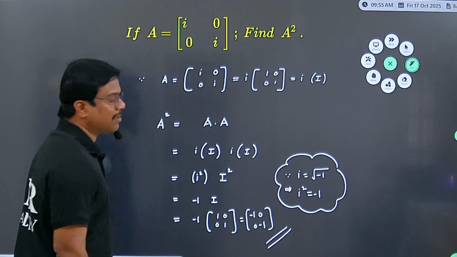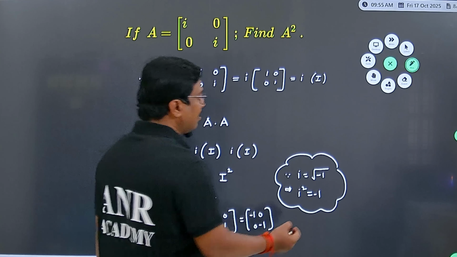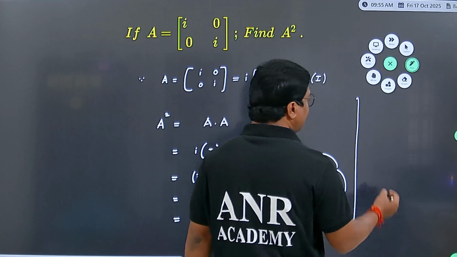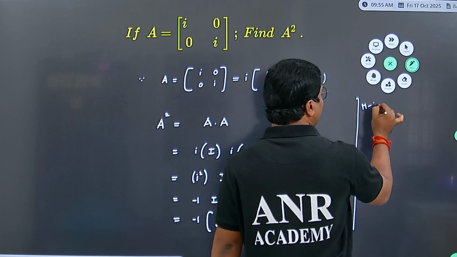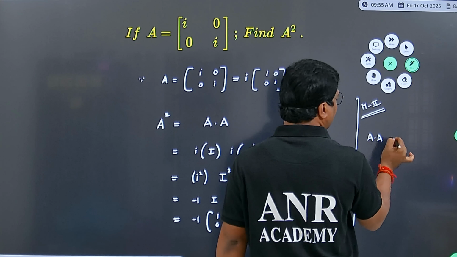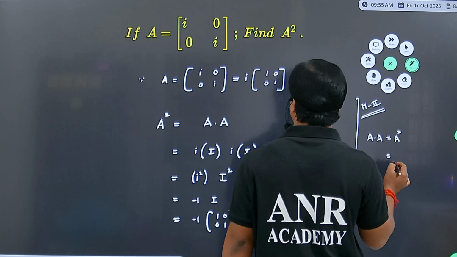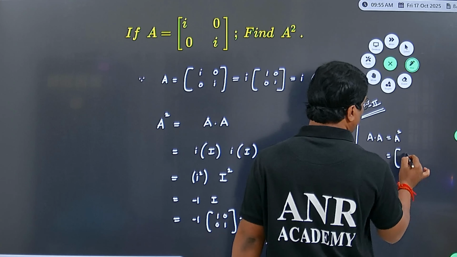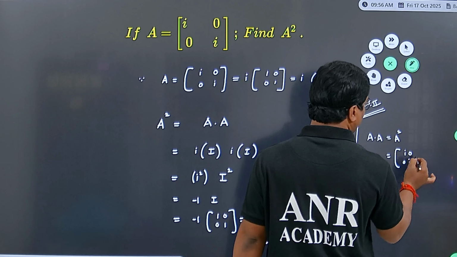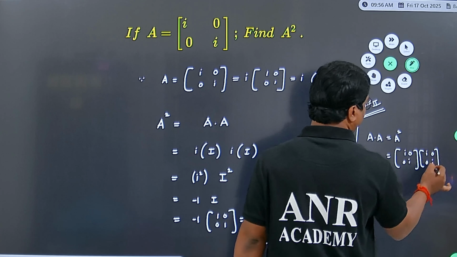This is your answer. Or otherwise directly without doing all this, you can also simplify in this way. Method 2, A into A, that is A square, it is equal to [[i, 0], [0, i]] times [[i, 0], [0, i]].